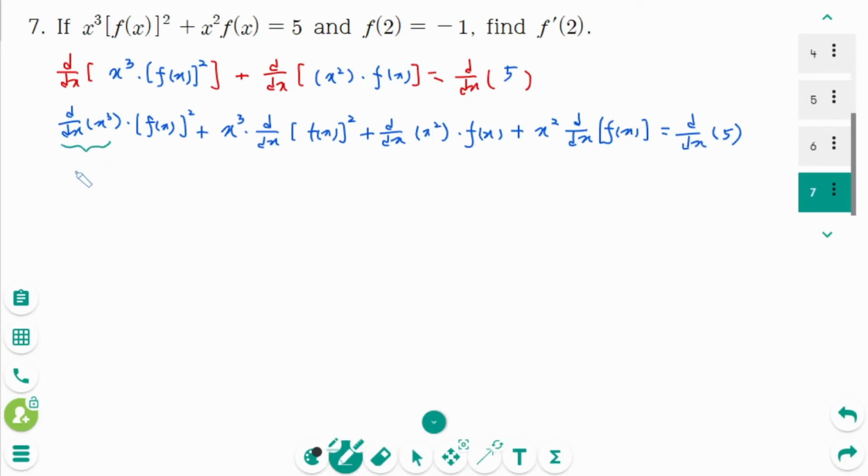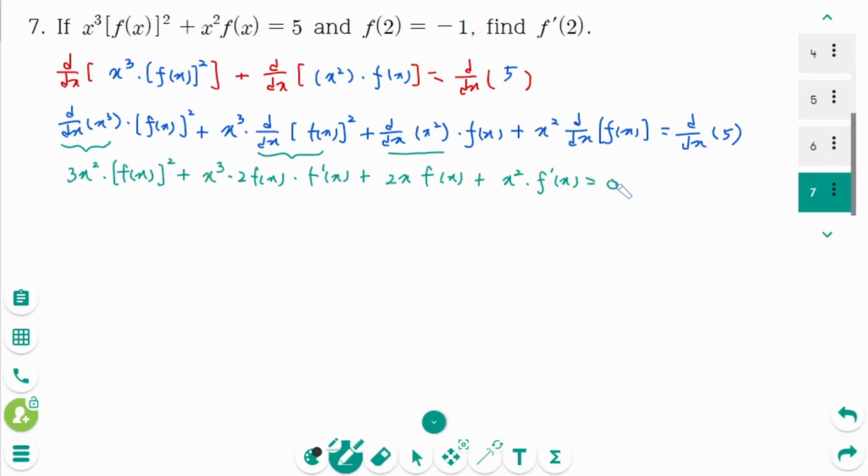The first one, 3x squared times f of x squared plus x cubed times 2f of x times f prime of x plus 2x times f of x plus x squared times f prime of x equals 0.